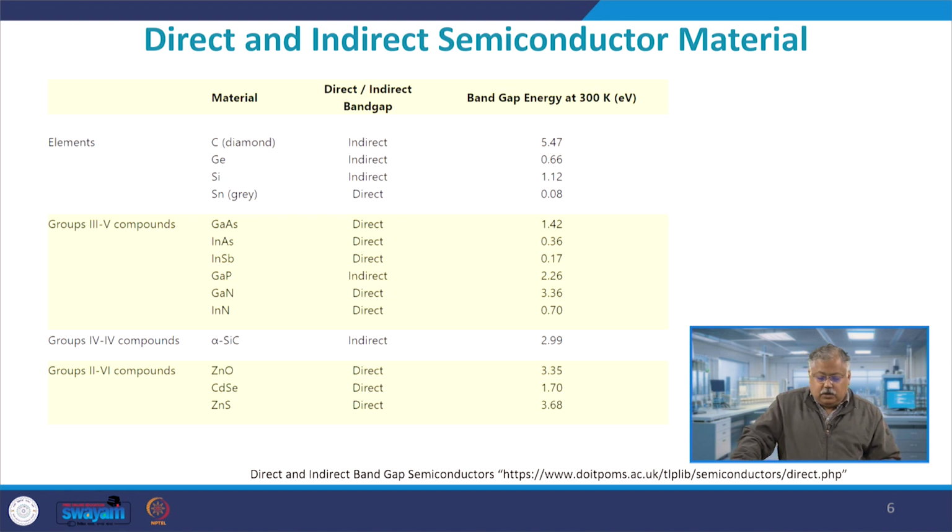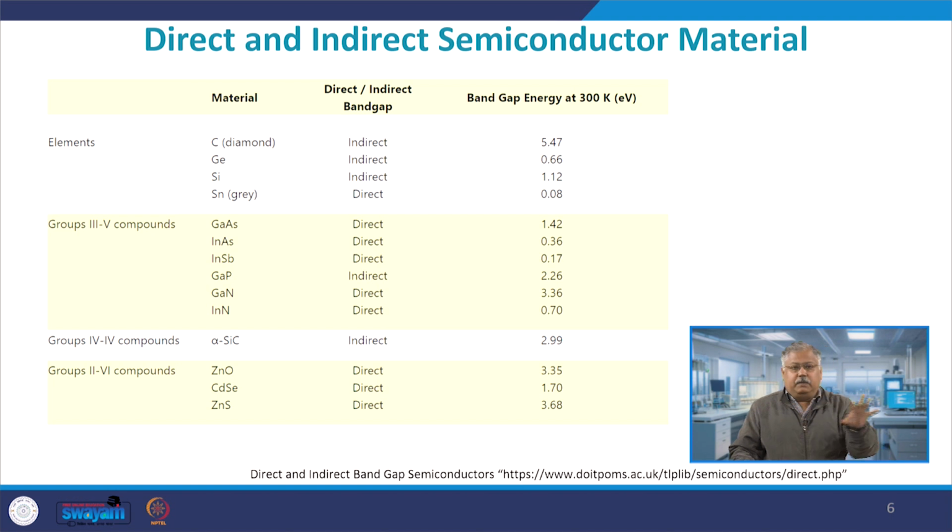Now, let us go one by one and see what the various materials involved in direct band gap and indirect band gap materials are, and how typically the values are maintained in case of direct and indirect materials.